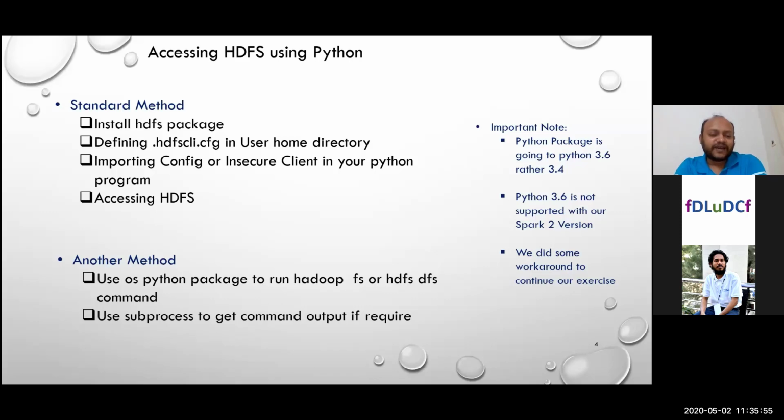Then you need to define one HDFS cli.cfg, a configuration file according to the package instructions. We need to create that file in our user home directory and put some basic configurations of our HDFS, such as the port and IP that we generally use for accessing HDFS.